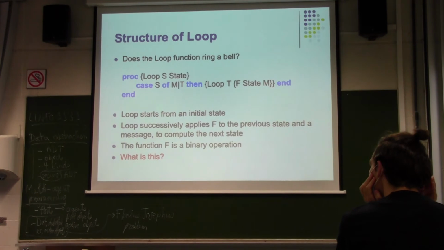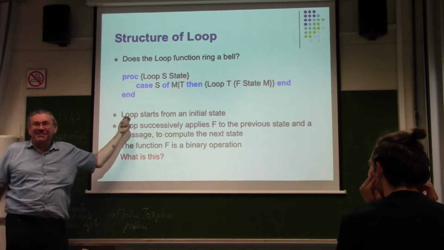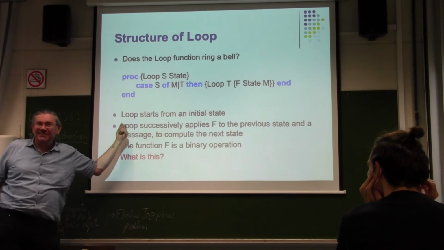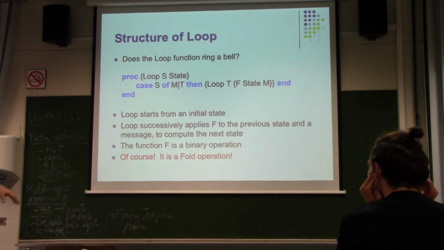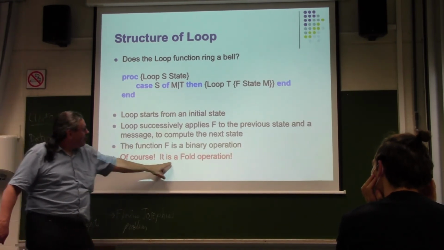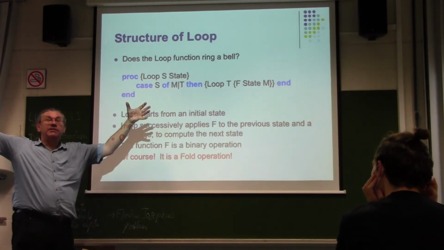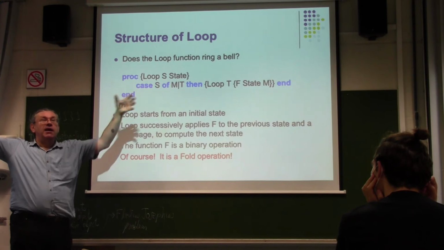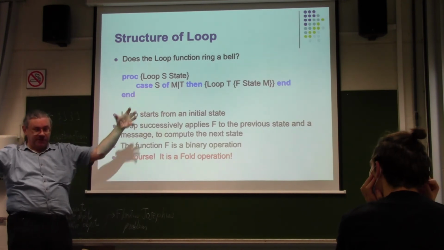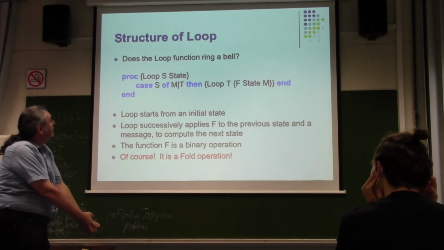This function is something we know, and if you do functional programming, you should see that this is something that you know. So this is actually a fold. Remember this fold operation? Fold is a funny operation. It takes a list and a binary function and it folds everything down to one value.